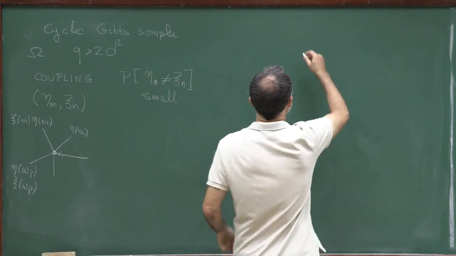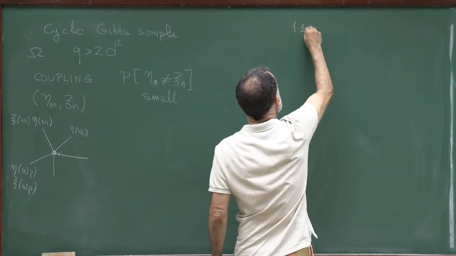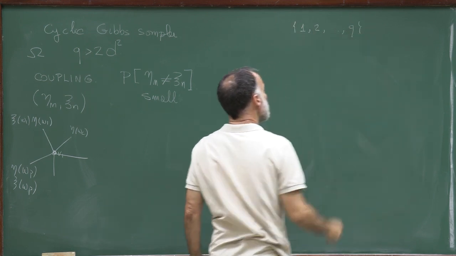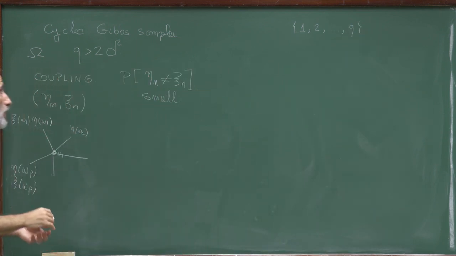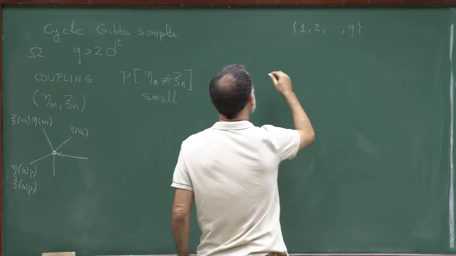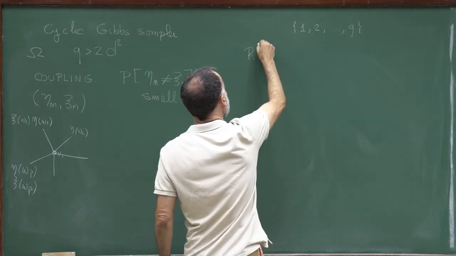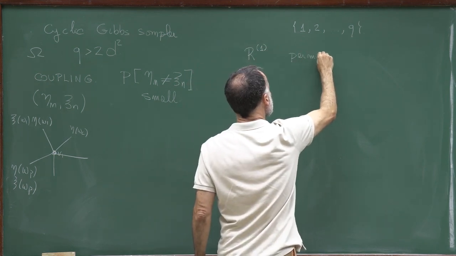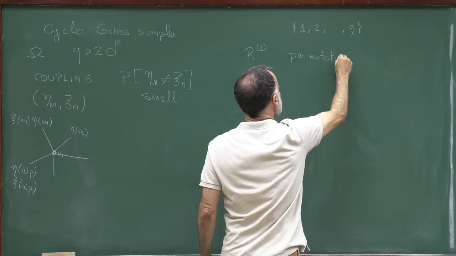So the possible colors are 1, 2, up to q, and I have to define how I update eta and psi. So for that, let me call R1 a permutation of this set.